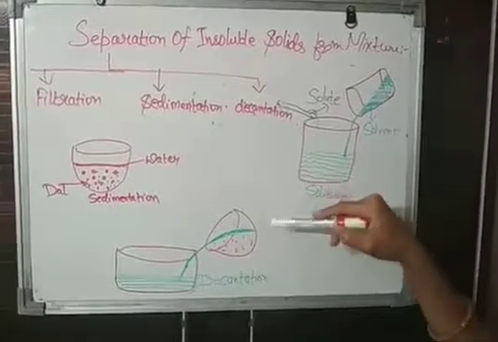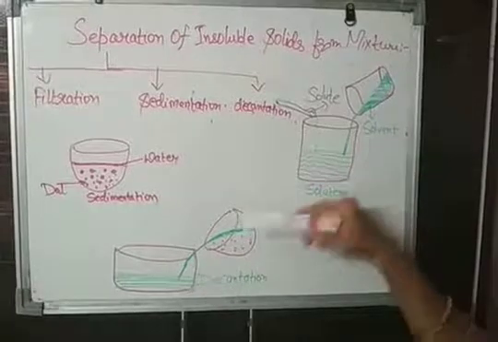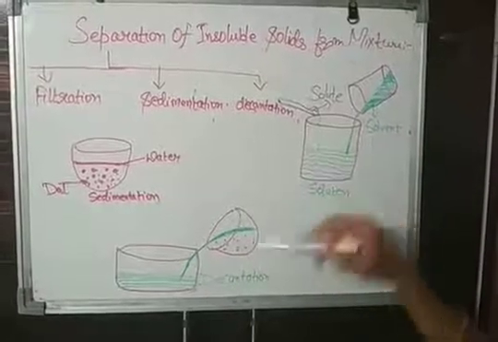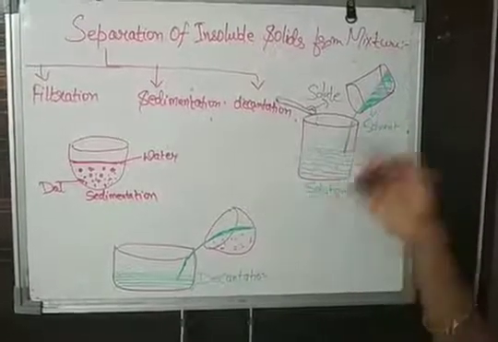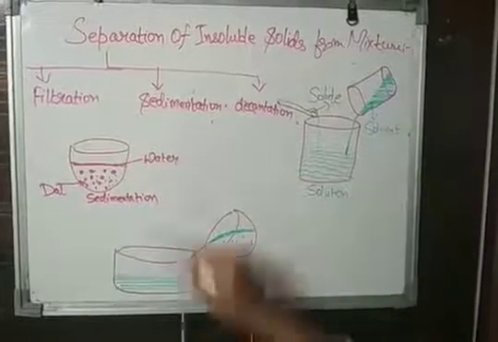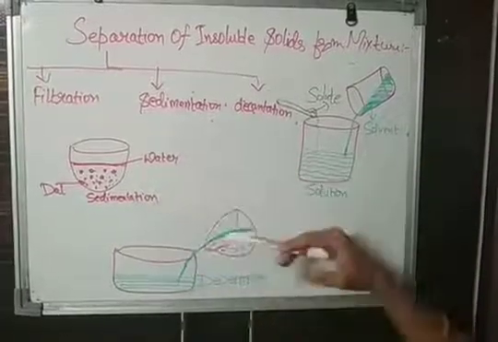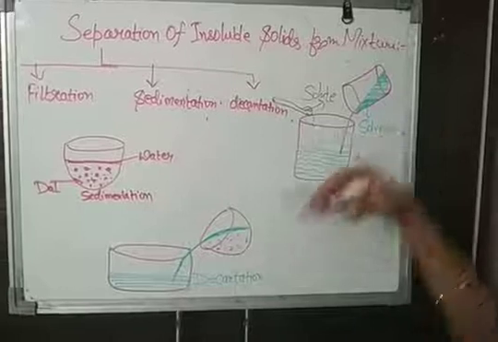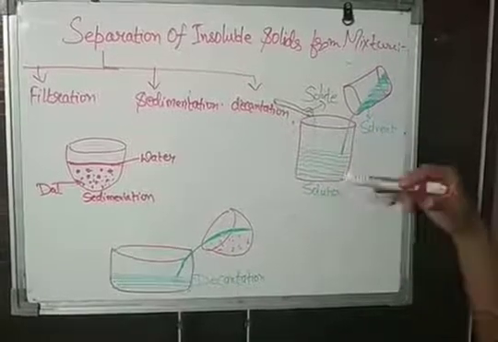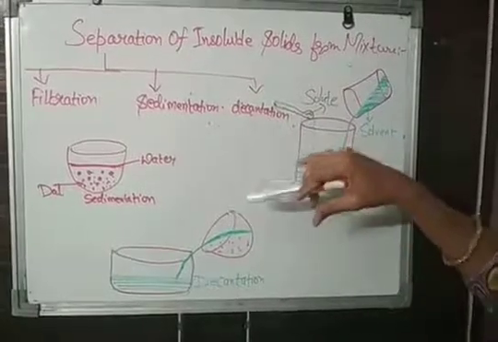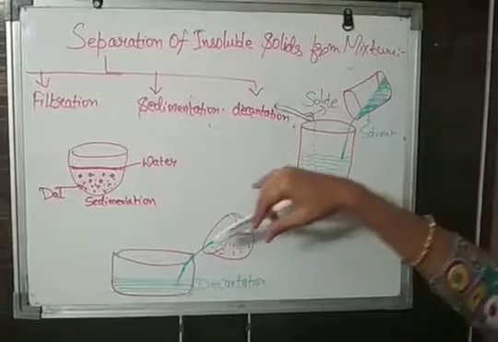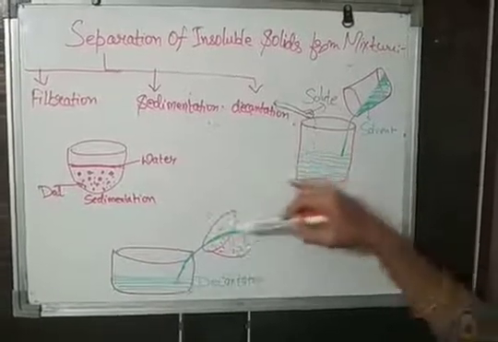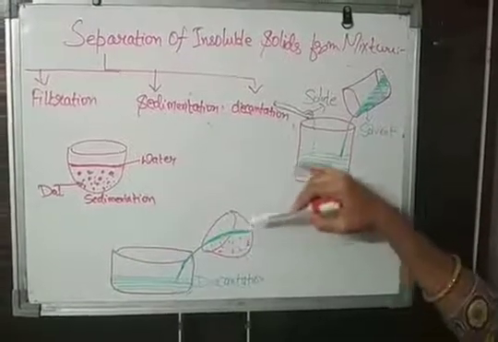Right after the sedimentation process, when the pulses or any insoluble solid settles down at the bottom, you slowly take the bowl in your hand and slowly pour off the liquid into another jar, with the pulses left over in the first jar.